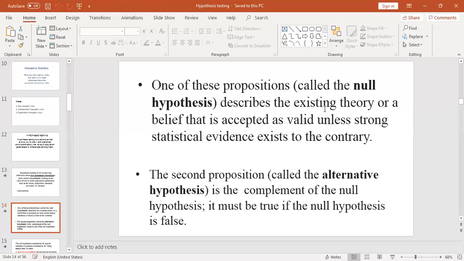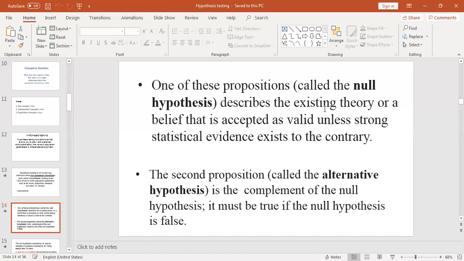The null hypothesis describes the existing theory or a belief that is accepted as valid unless strong statistical evidence exists to the contrary. So in the null hypothesis, you base your logical statement on the existing theory, that means what has been the belief until now.